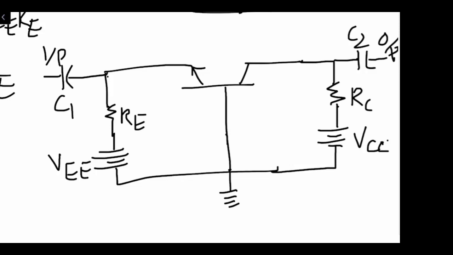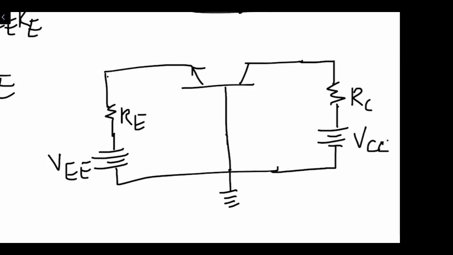Now as we know that we are doing the DC analysis up to now, so this means we can take out C1 and C2 from the circuit so that the circuit becomes good for the DC analysis of the common base configuration circuit.